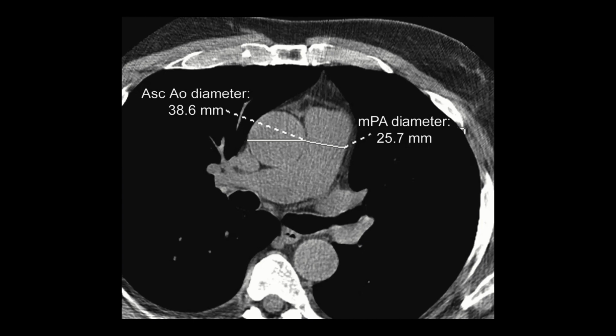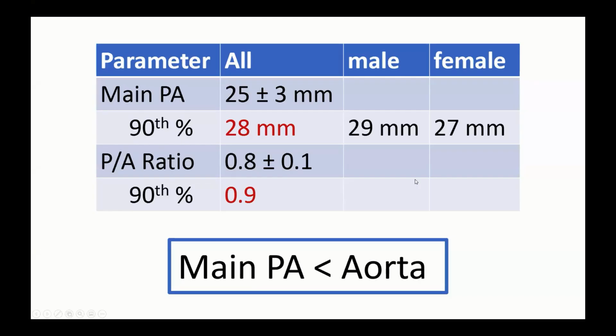Using data from the Framingham study, looking at 706 patients with no obesity, no hypertension, no smoking history, no COPD, no PE, no diabetes or cardiovascular disease or heart valve surgery, the standards were reported. And those happen to be, for the main pulmonary artery, for all screened patients, the average was 25 millimeters plus minus 3.